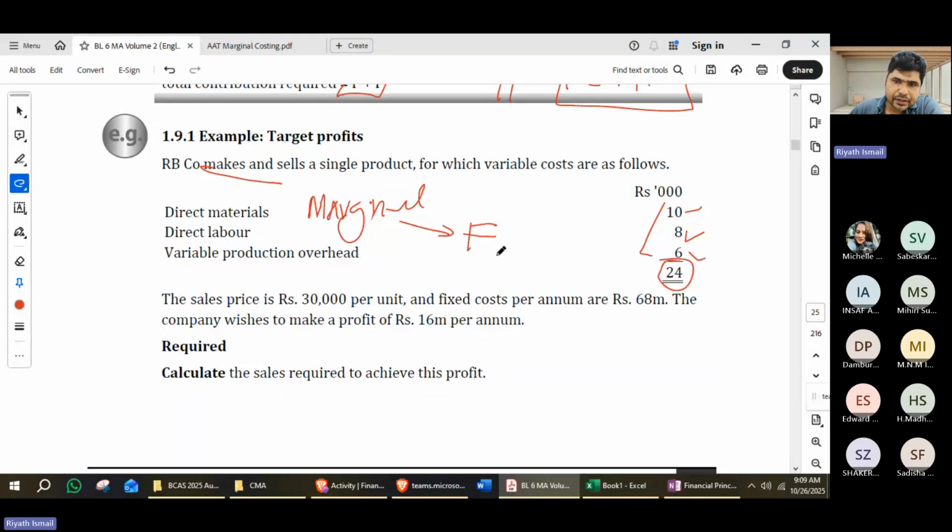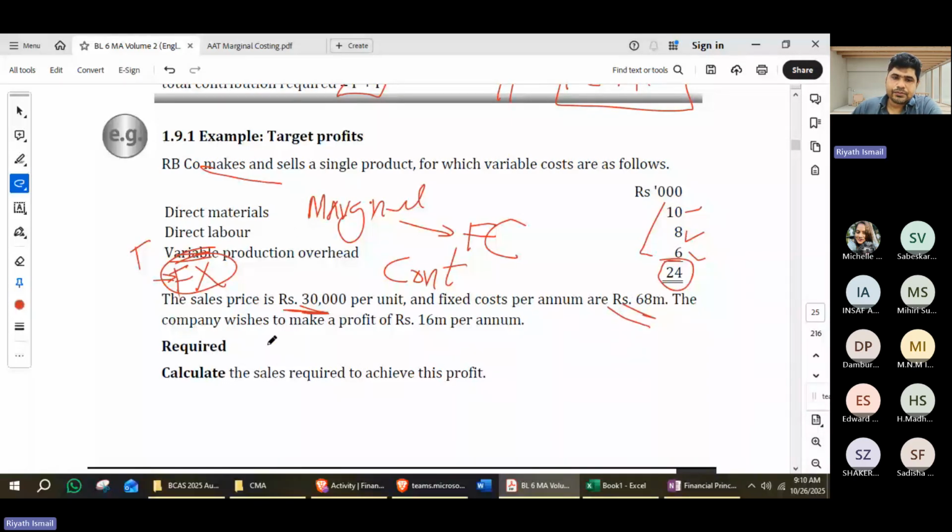Sometimes they may include total production overhead, which includes both variable overhead plus fixed overhead. Don't include fixed overhead here when you calculate contribution. The sales price is 30,000 per unit, and fixed cost per annum is 68 million.